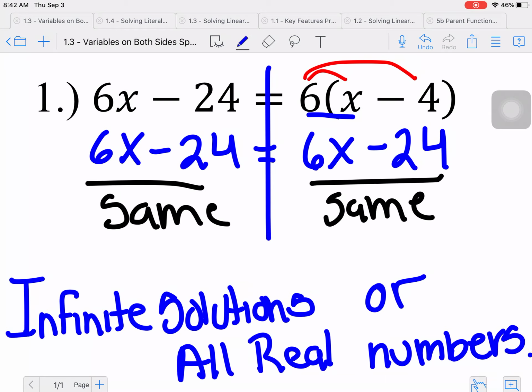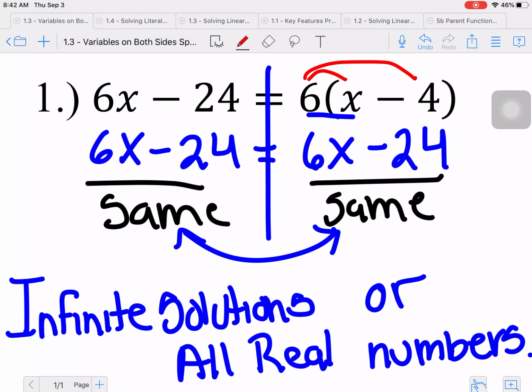Okay, so notice that after I simplified, I ended up with the same equation on both sides. So there I can conclude that I have infinitely many solutions or all real numbers. All right, so pretty easy, super stuff.